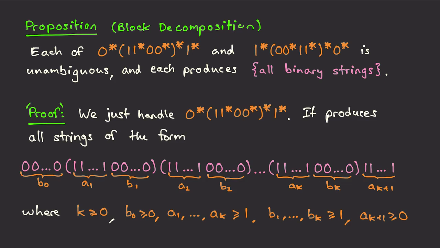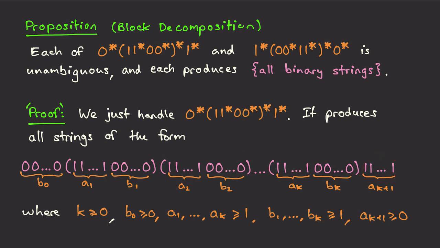We get a string of B0 copies of 0, followed by a string of A1 ones and a string of B1 zeros, followed by a string of A2 ones and a string of B2 zeros, and so on, followed by a string of AK ones and BK zeros, followed by a string of AK plus 1 ones.